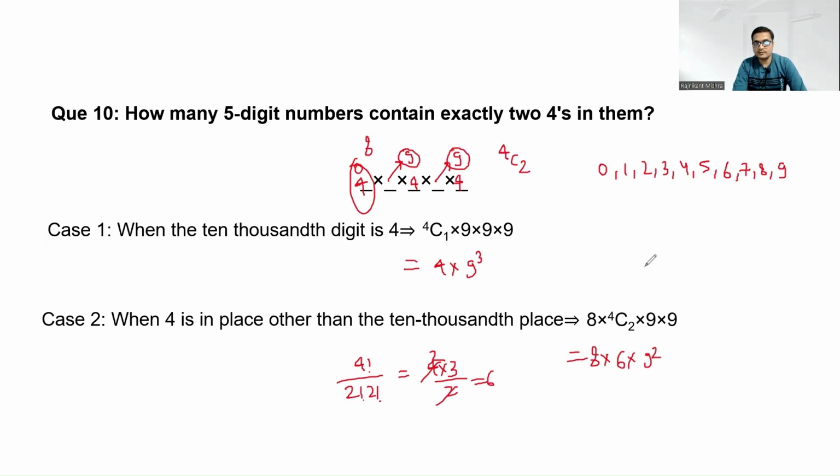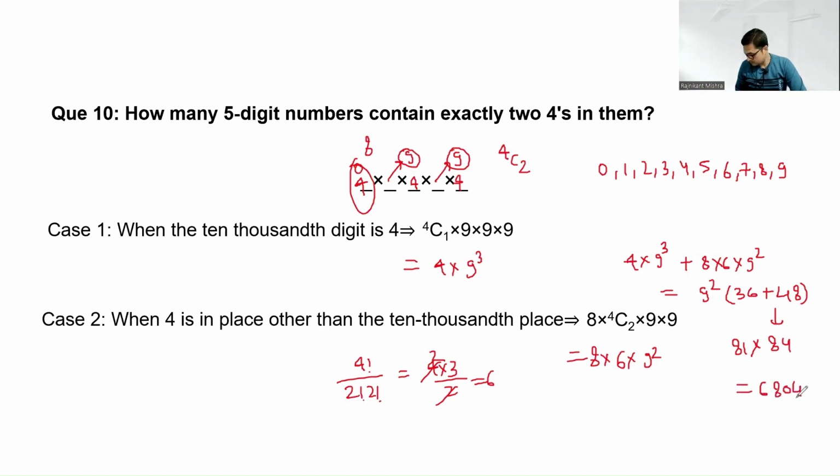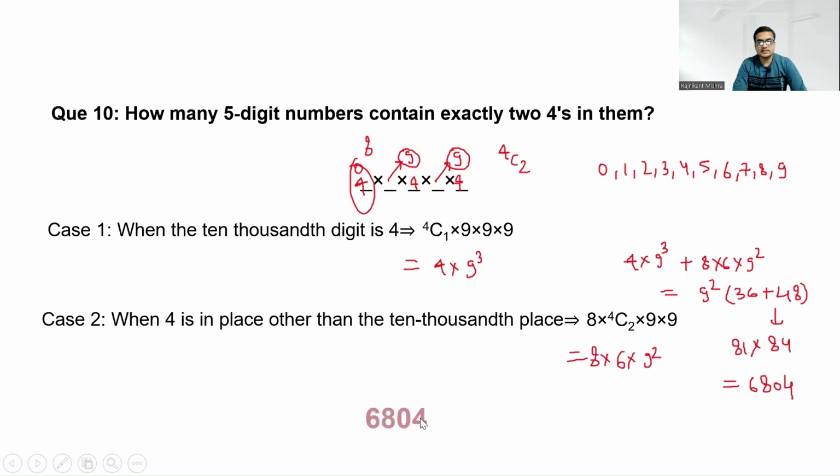Now add both of them, 4 into 9 cube plus 8 into 6 into 9 square, 9 square common, 9 into 4, 36, and 8 into 6, 48. 36 plus 48 is equal to 84. 9 square is equal to 81. 81 into 84 is equal to 6804. So the final answer is 6804.